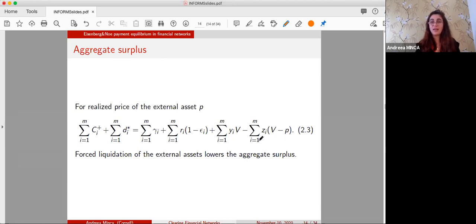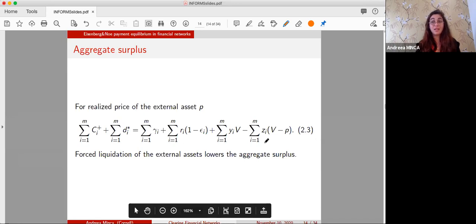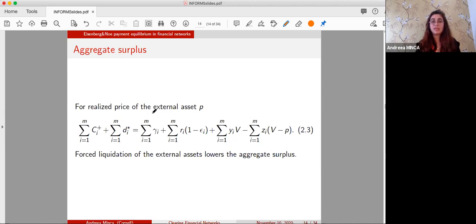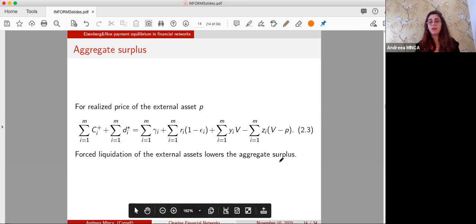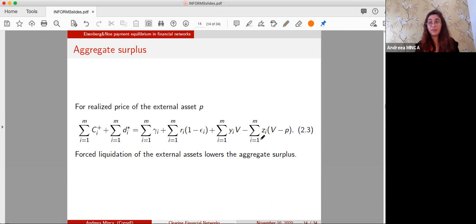So this Z_i will be liquidated at a lower price, so the difference between V and P will come as a loss. In fact, if no asset is liquidated, then as you can see, the value of the assets is the same before clearing and after clearing of the financial derivatives. So the impact of clearing financial derivatives on the overall value of the total assets in the financial system comes only through this part over here, which is the amount that is liquidated in the system.